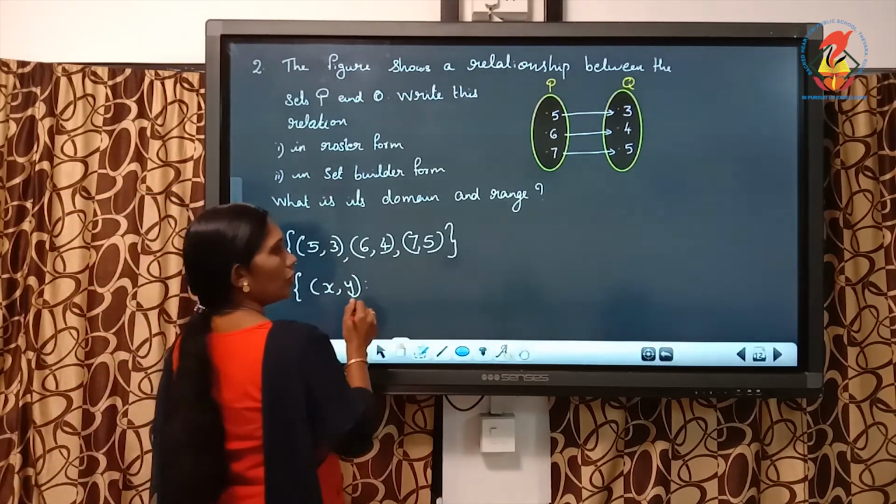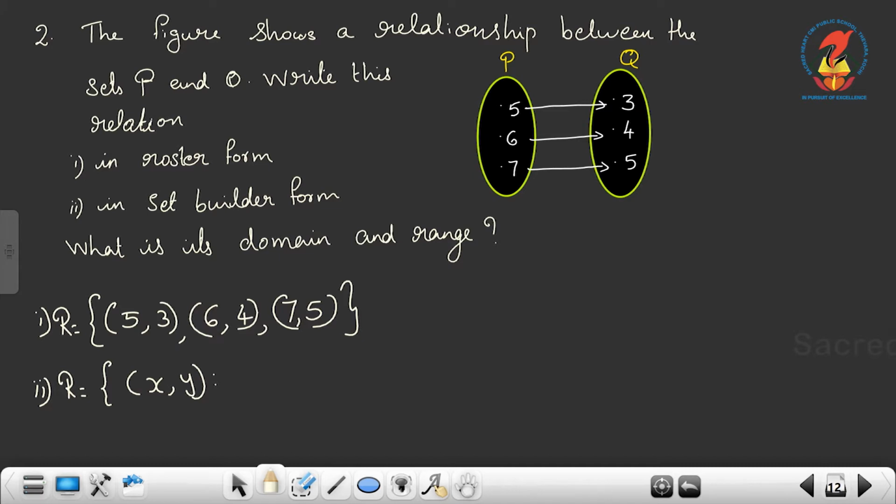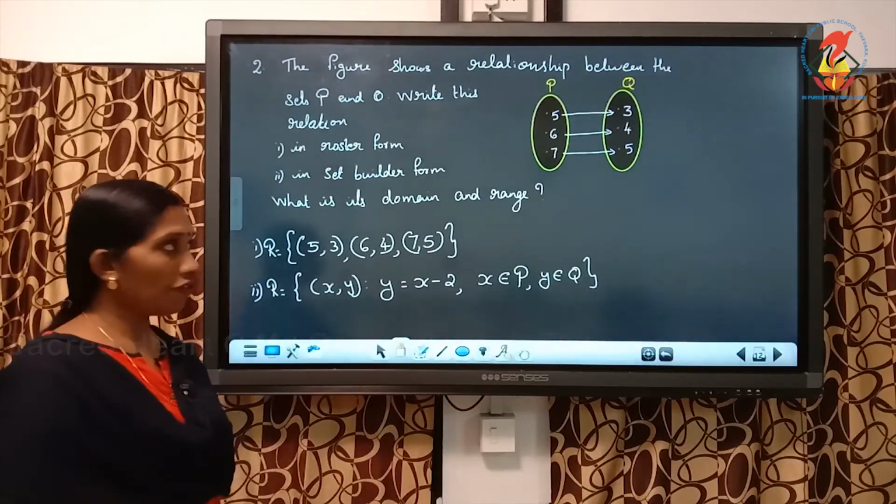So y is equal to x minus 2 or x is equal to y plus 2, anyway you can write. Then this is also important: x is an element of P, y is an element of Q. That also you have to write. So this is set builder form.